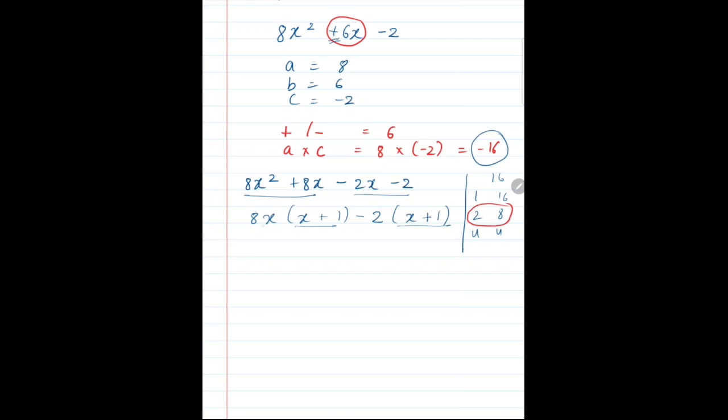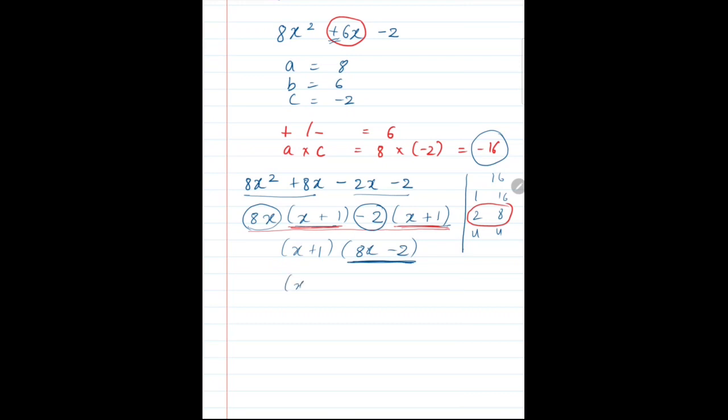Now again, in the entire expression, x plus 1 is common, so we are going to take it out. In this term I am left with 8x, and in this term I am left with -2. Now look here, it's still not completely factorized, as it still has something in common. 2 is common in both the terms, so we also have to take it out.